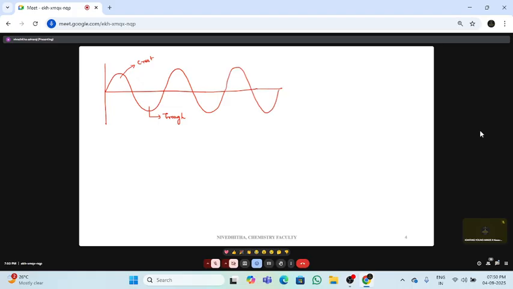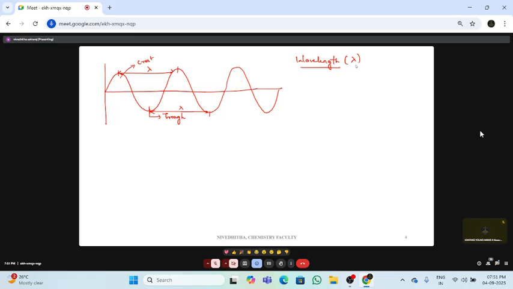The distance between two successive crests or the distance between two successive troughs is called wavelength.